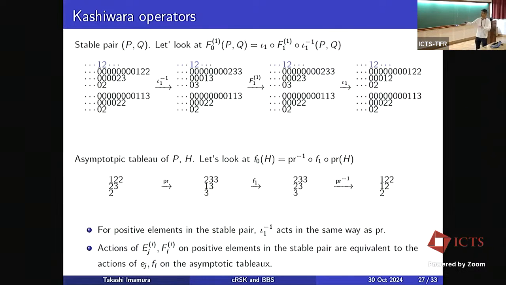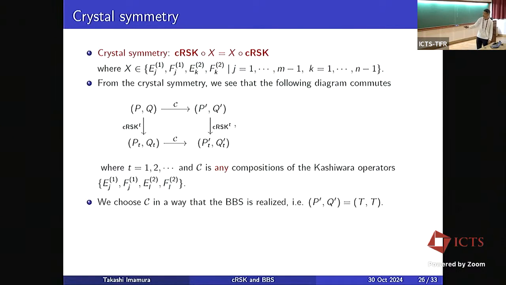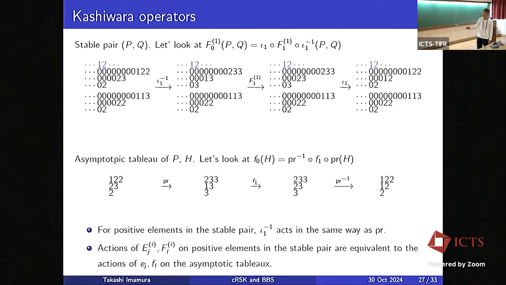So at least as T is large enough, the action of the capital Kashiwara operator is in some sense equivalent to the action of the small Kashiwara operators acting on the asymptotic tableau.